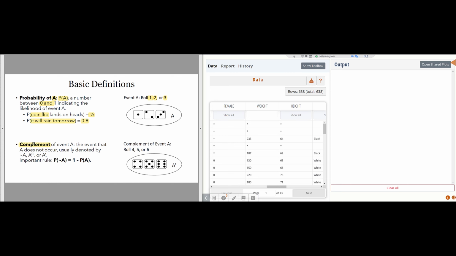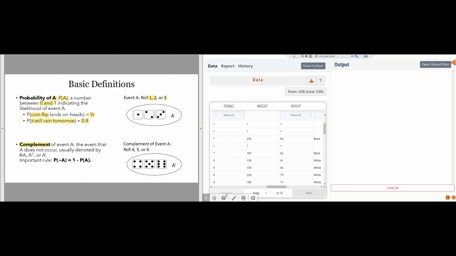The complement of an event is simply the case in which the event does not occur. So if we describe the probability that it's going to rain tomorrow as 0.8 or 80%, then the complement of that is the probability that it will not rain tomorrow, and that has to be 1 minus whatever the probability that it will rain.